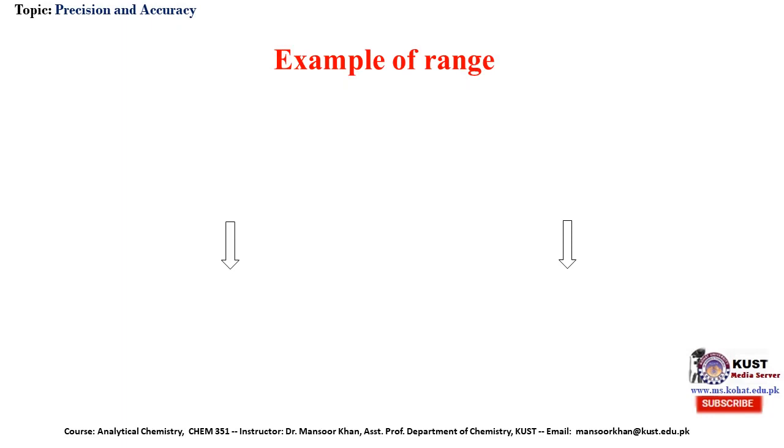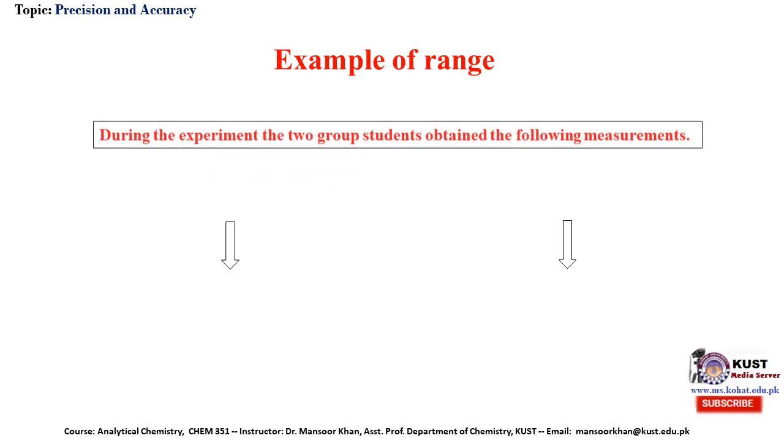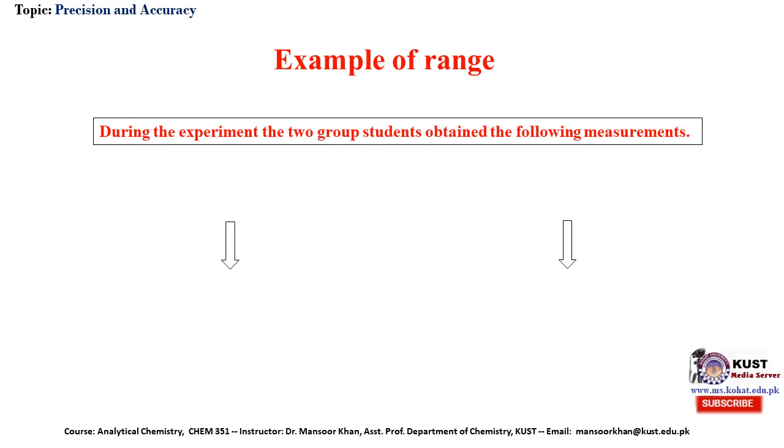This slide shows an example of range, how range can be calculated and how range can be used for measurement of precision. The statement of the example is: during the experiment, two groups of students obtained the following measurements.